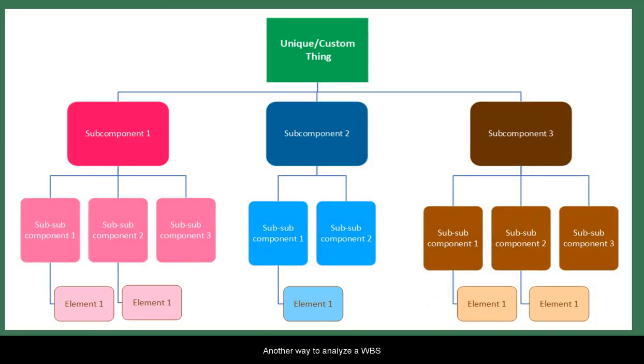Another way to analyze a WBS and determine if it's balanced or not is to look for dangling components at the lowest level. Where there's only one component at the lowest level, that might be another area that requires the project manager's analysis to determine if that's appropriate or not.